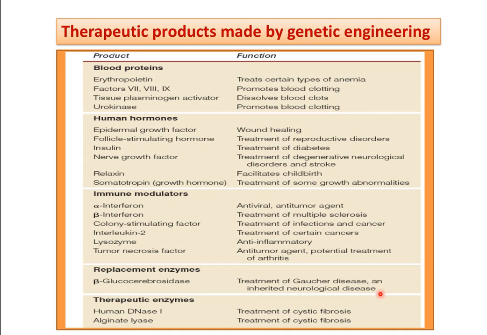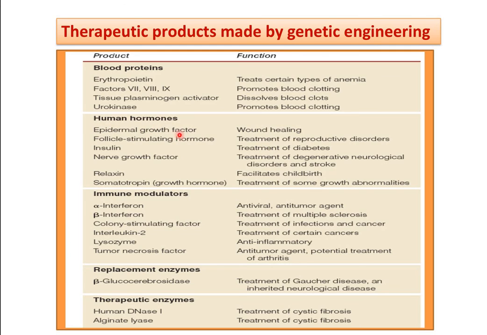Some therapeutic products made by genetic engineering are, among the blood proteins, erythropoietin and factors 7, 8 and 9, and tissue plasminogen activators such as urokinase.